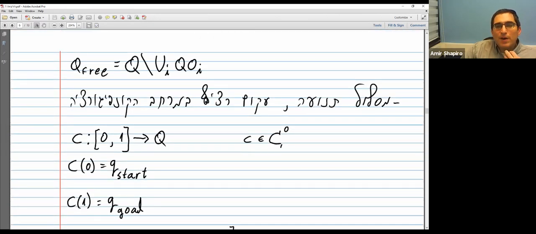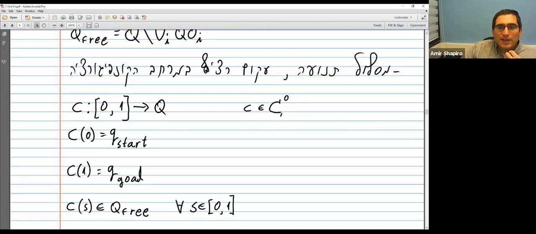So let's talk about a trajectory, a path in the configuration space. A path, we call it C, maps numbers, actually scalars, from 0 to 1 into a continuous path in the configuration space.